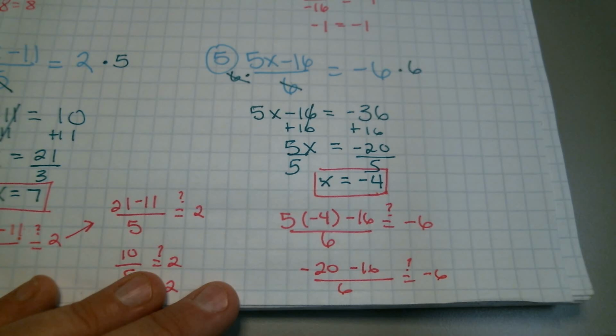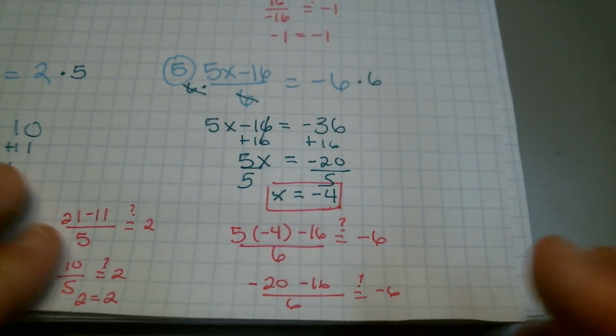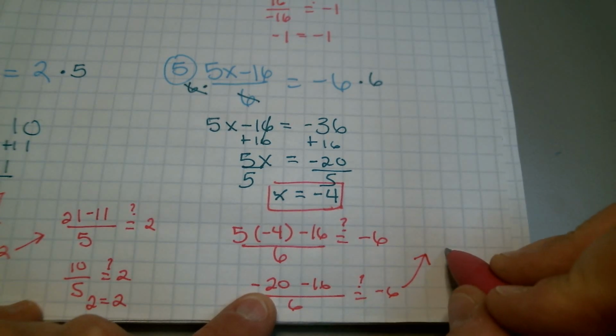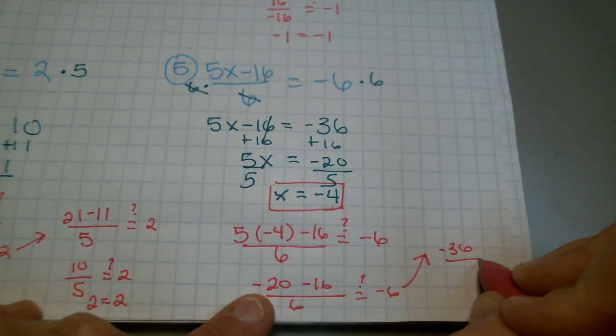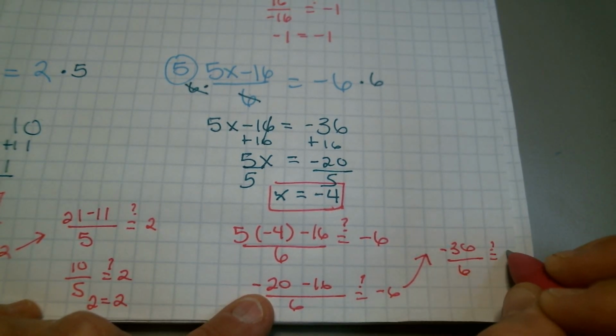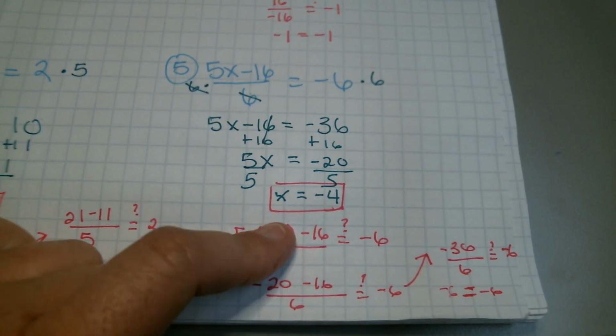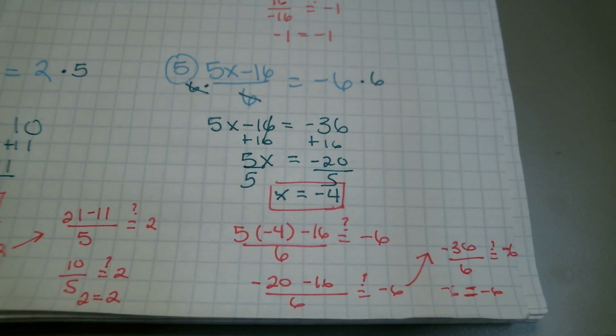Does it equal negative 6? Negative 20 minus 16, both negative, so we combine those, and we get negative 36 in the numerator. Divide that by 6. Does it equal negative 6? And it does. So that tells me x equals negative 4 is the correct solution.